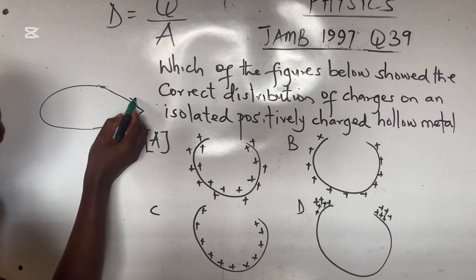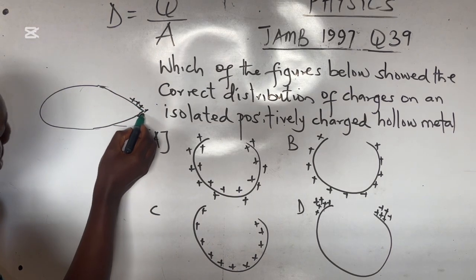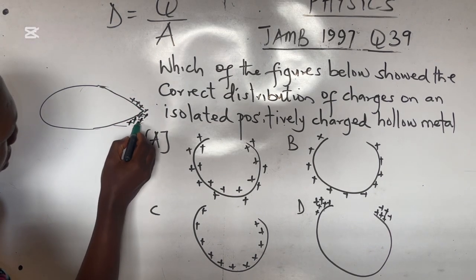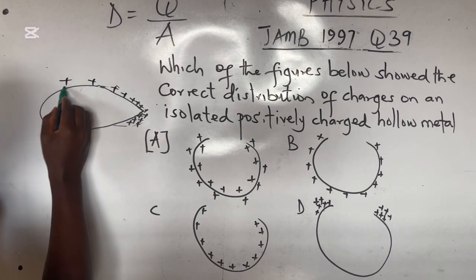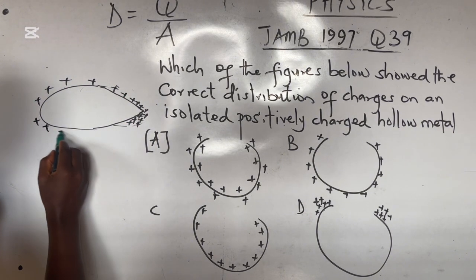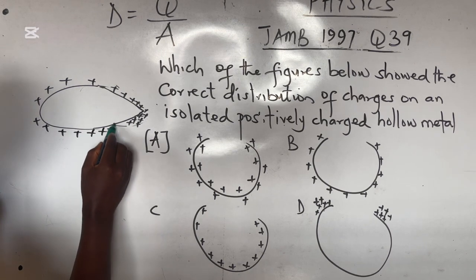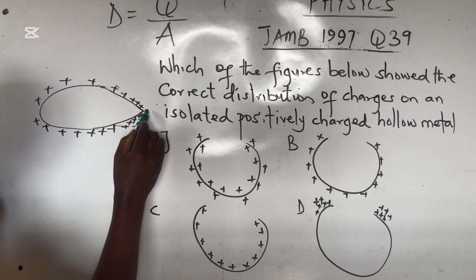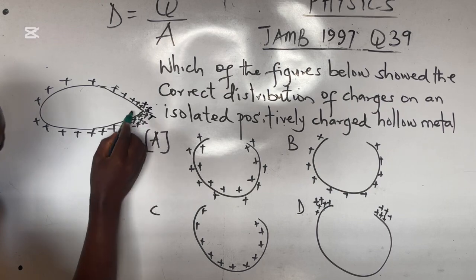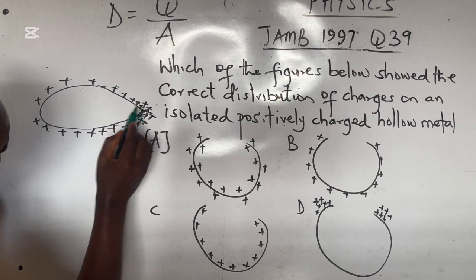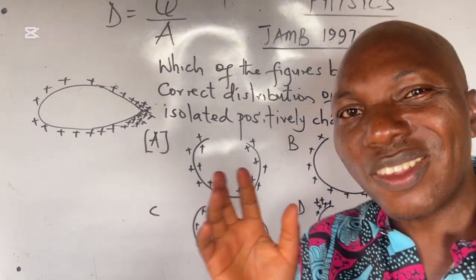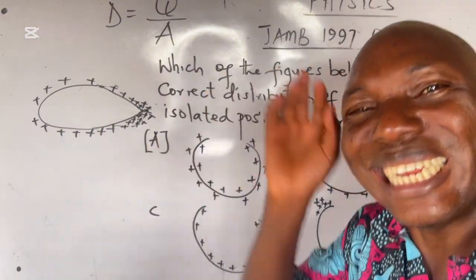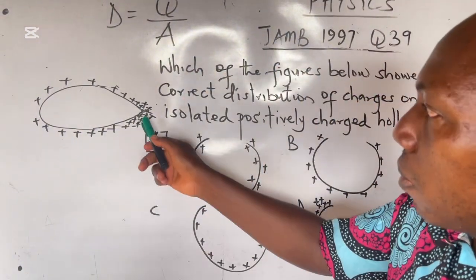The charges are concentrated at this point compared to the other surfaces. So these charges are concentrated here because of this area. So the charge density is concentrated at the sharpest point of the conductor here.